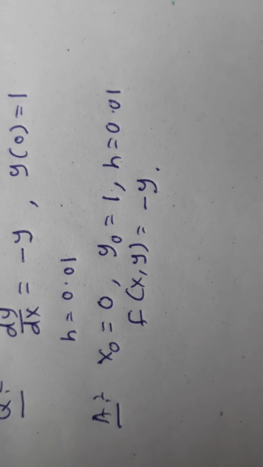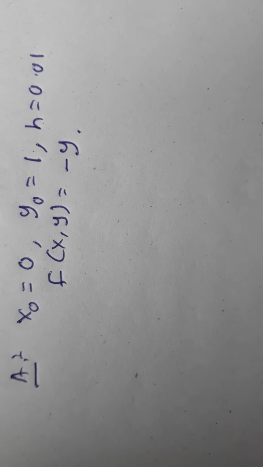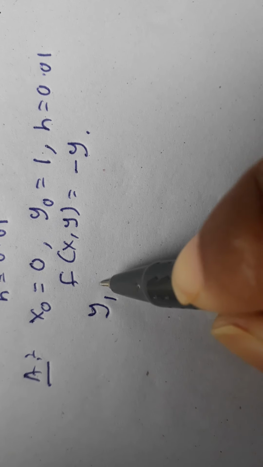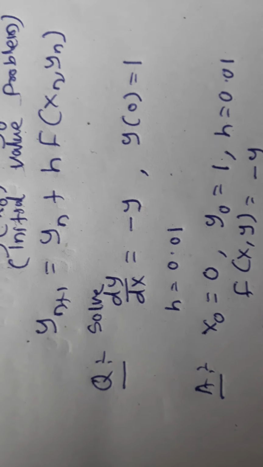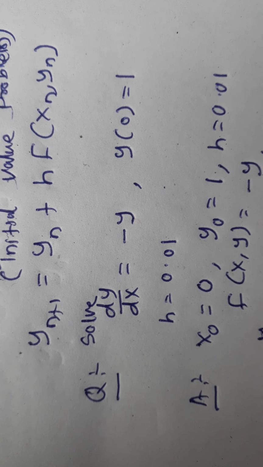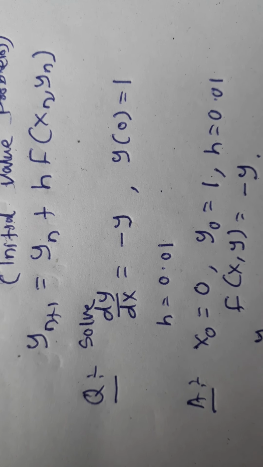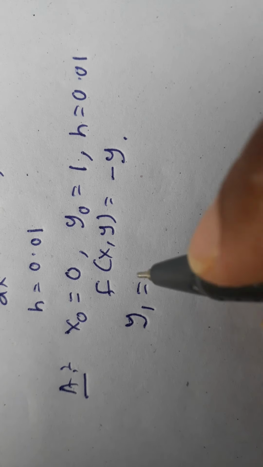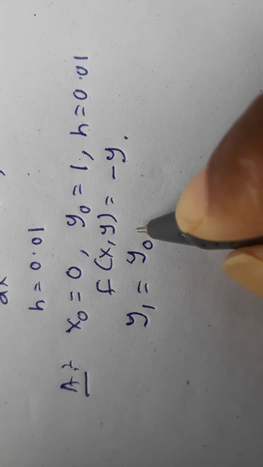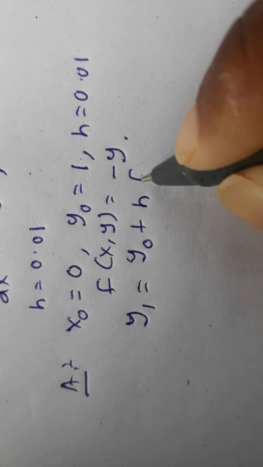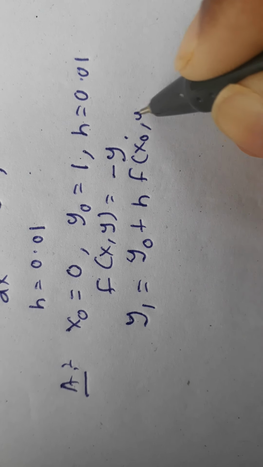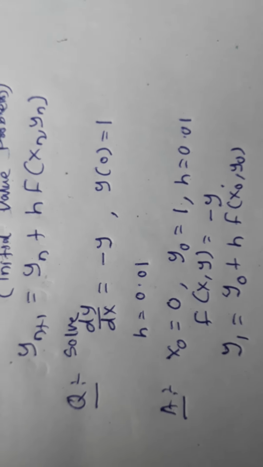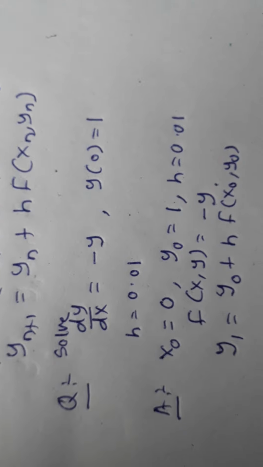So we will find y1. According to the formula, y of n plus 1 equal to yn plus h into f of xn, yn. Here y1 will be y0 plus h into f of x0, y0. Now compare these two formulas. Clear?